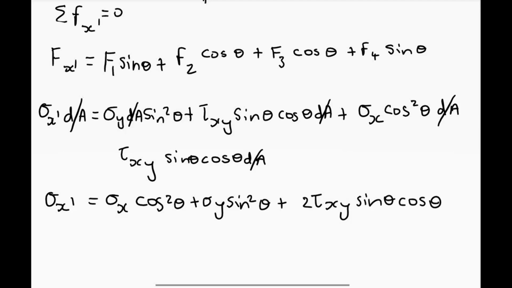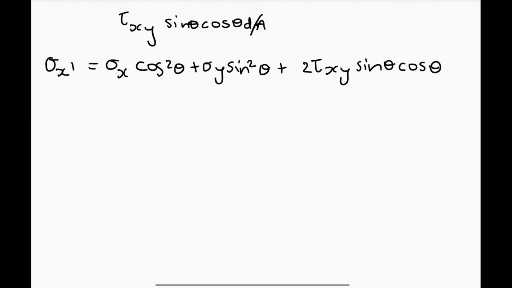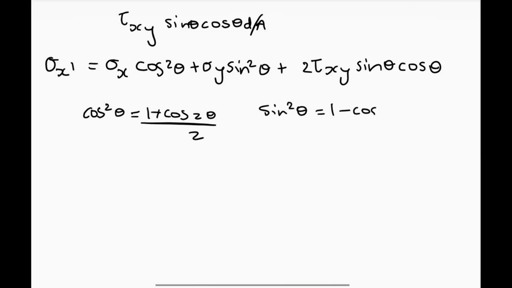Now using trigonometric identities, I have that cos squared theta is equal to (1 plus cos 2 theta) over 2, and sine squared theta is equal to 1 minus cos 2 theta over 2. Remember that 2 sine theta cos theta is equal to sine 2 theta.